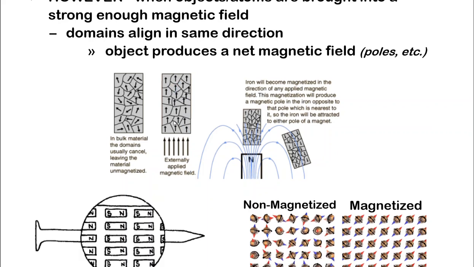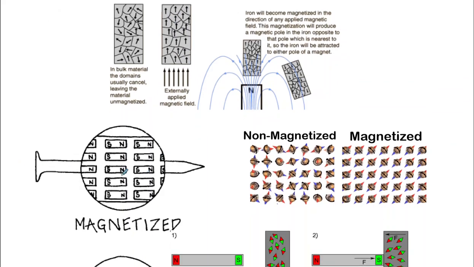suddenly it can become a magnet. So this is a nail, right? This iron nail has been put next to a magnet. Because the atoms have many lone pair electrons, they can easily move and become aligned. Each one of those atoms acts like a little magnet, and overall, this nail can become a magnet.